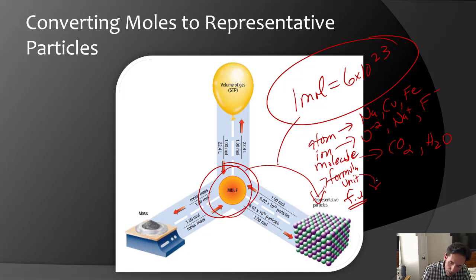Formula units would be things like NaCl, things such as CaF2, things that are bonded ionically. So it's how they're bonded or what they're made of that determines whether it's an atom, an ion, a formula unit, or a molecule. Okay, so let's take a look at our next example here.